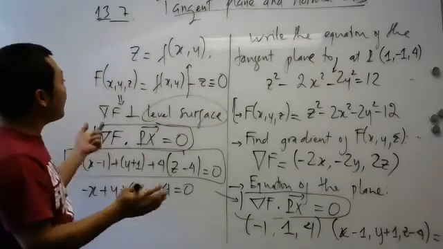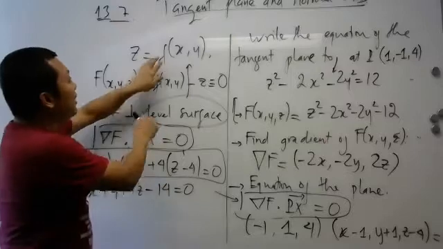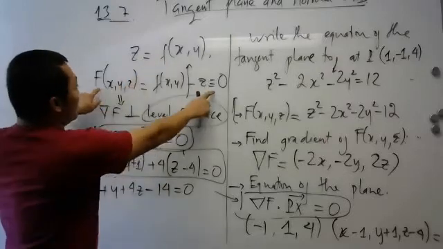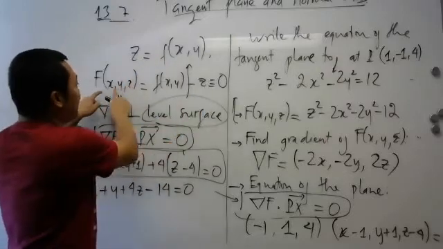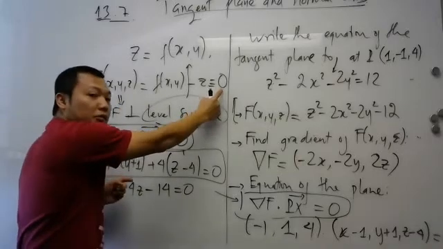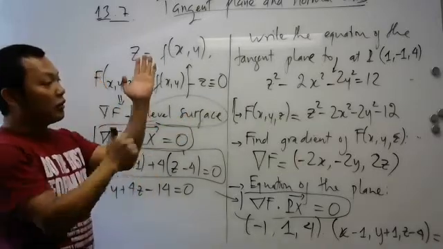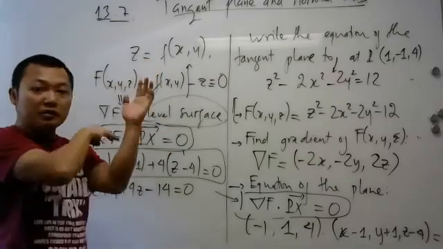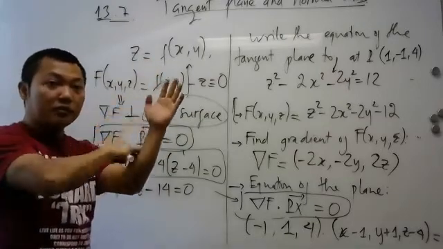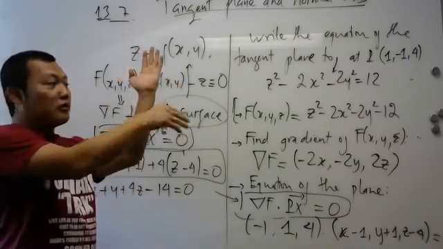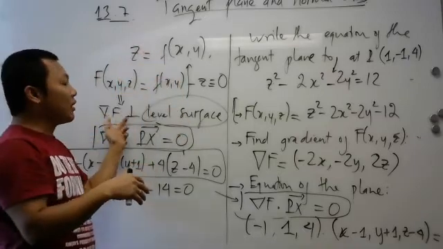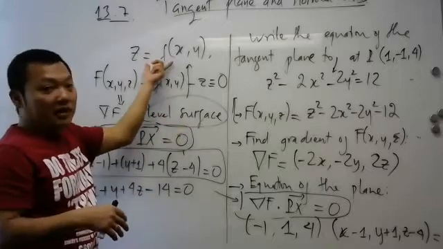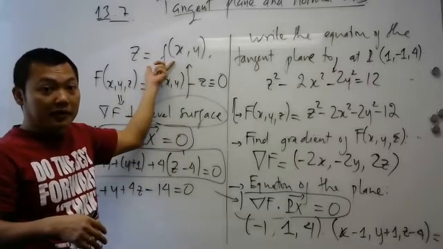So what happened? That means our surface is just a level surface of this function for the value 0. And we know that if we have a level surface, the gradient of this function is perpendicular to the level surface. So the gradient of this function is the normal vector of our original surface.